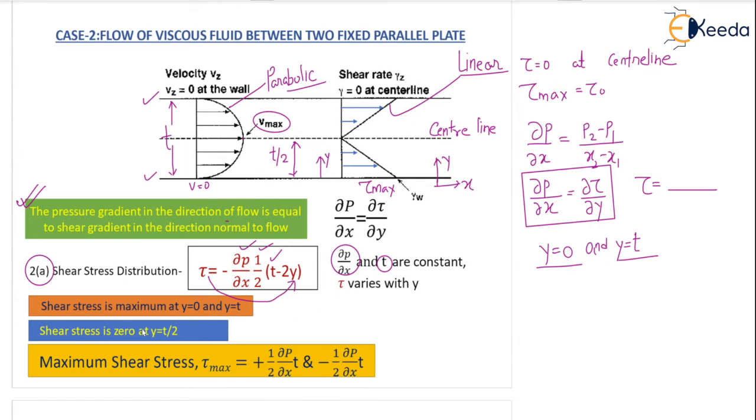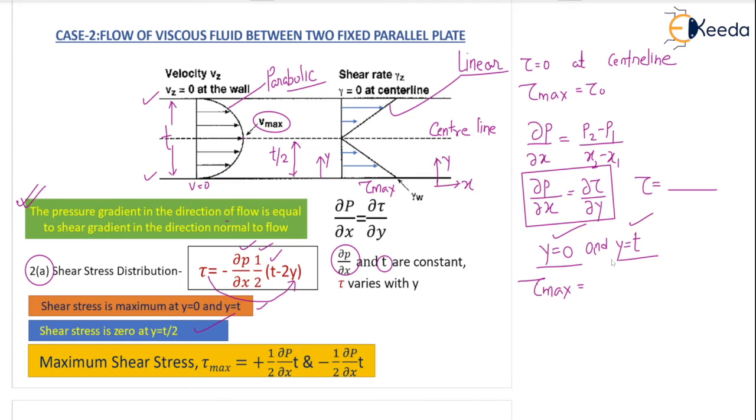But where is the zero shear stress? Zero shear stress is at the center, and I can write y equal to t by 2, correct? Now I want to find the value of the maximum shear stress, tau max. For that, you have to put y equal to 0, or y equal to t.